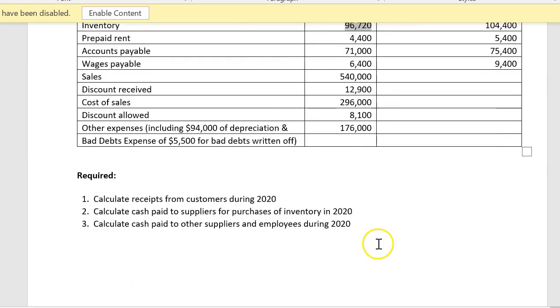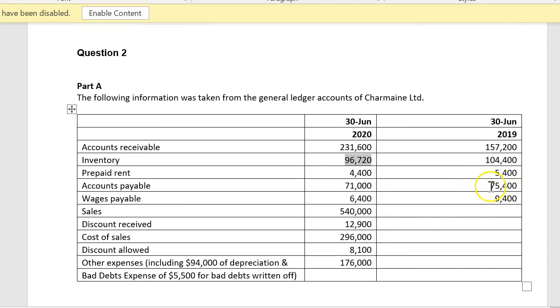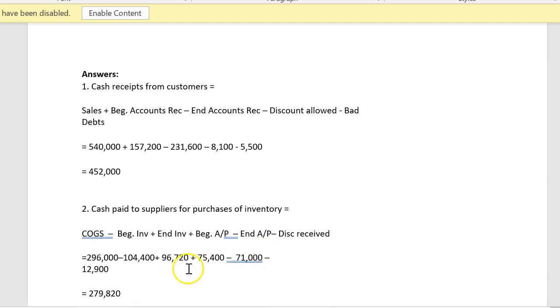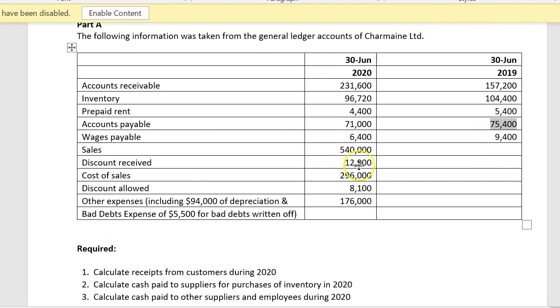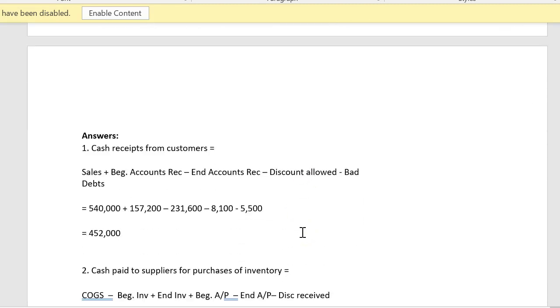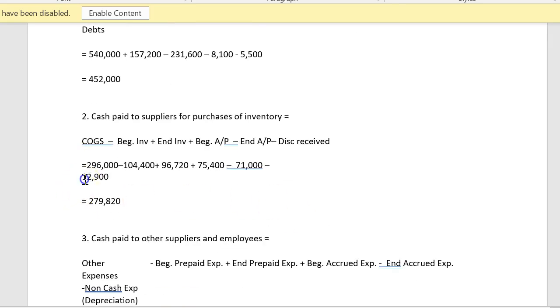Plus beginning accounts payable, which is last year's accounts payable balance, 75,400. And minus ending accounts payable, current year's accounts payable balance, which is 71,000. And minus discount received, 12,900. That's what you get.